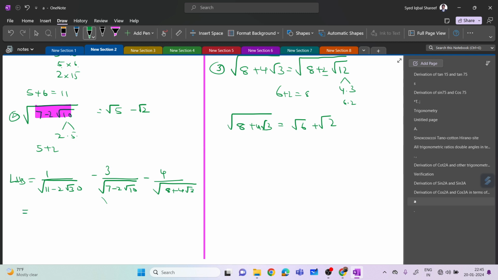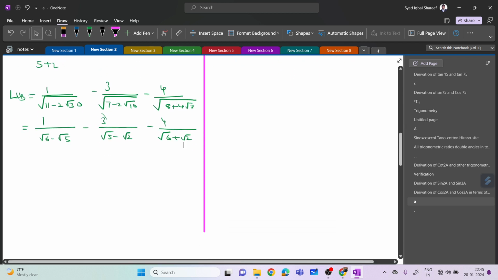Now this becomes 1 divided by root 6 minus root 5, minus 3 divided by root 5 minus root 2, minus 4 divided by root 6 plus root 2. We are done. Now you have to go for the rationalization.